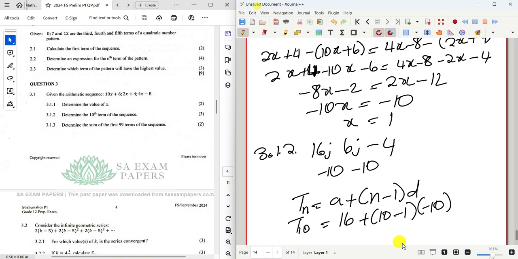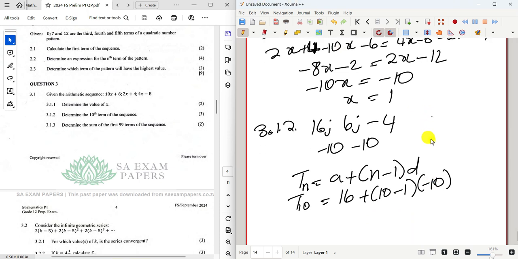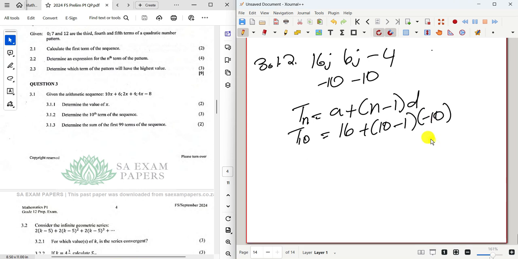Since this is negative 10, we can therefore say, using our calculators, 16 minus 9 times 10. 10 minus 1 is 9, 9 times 10 is 90, so it's negative 74 to be precise, 16 minus 90. All right, it's negative 74. So we are good to go.